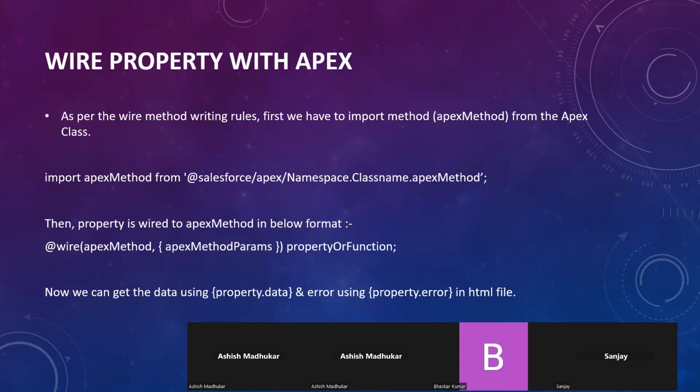So property dot data gives you all the data in the UI or console. And property dot error lets you check whether any errors are coming.